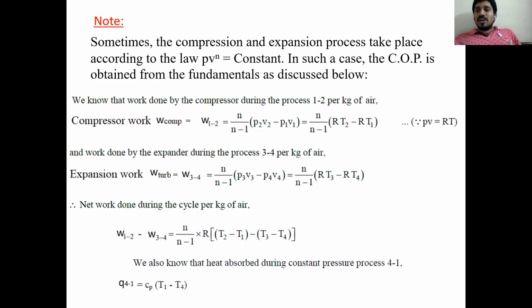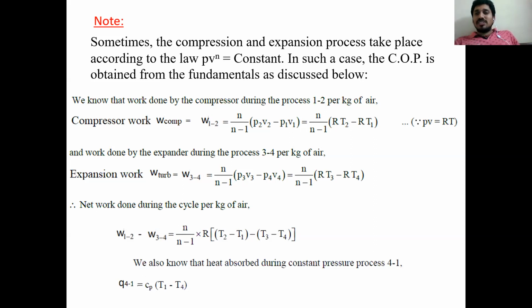If I want to write it in the normal way, the total amount of heat removed with the mass is capital Q process 41 equals m Cp T1 minus T4, the total heat removed from the cooled space. But here I am going to write per kg of air, so you have to write small q process 41 is equal to Cp T1 minus T4.